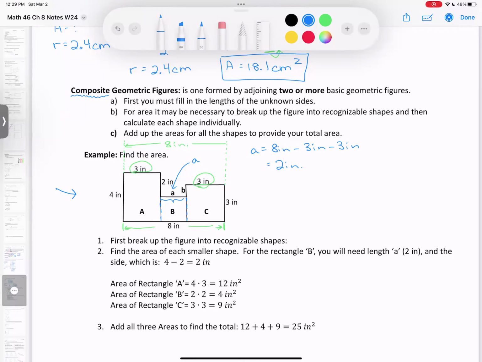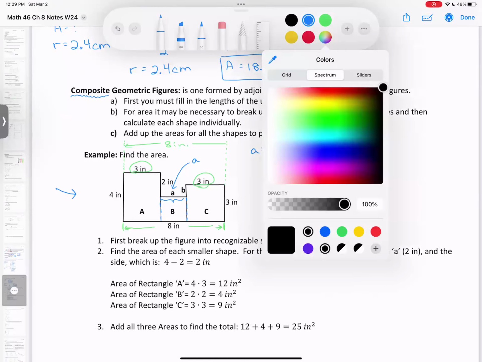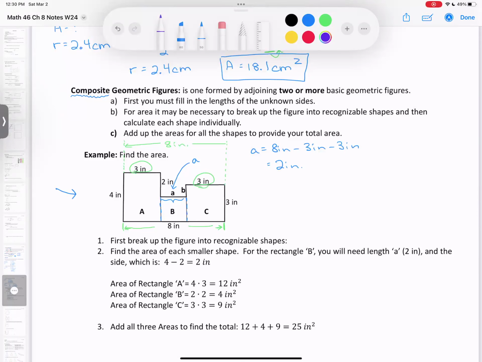The second thing we're going to need, and I'll draw it in purple, is the length or the width, if you will, of rectangle B. What do we know?